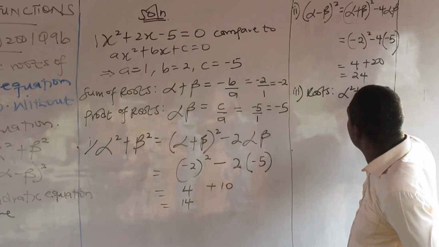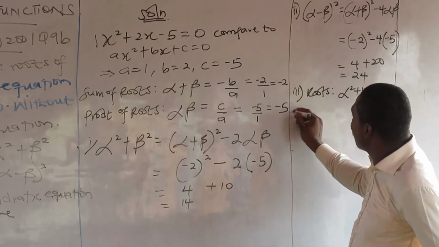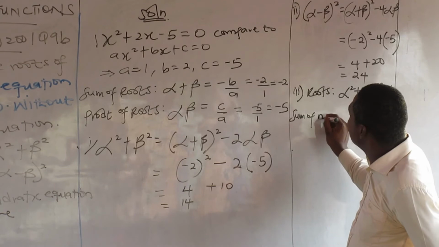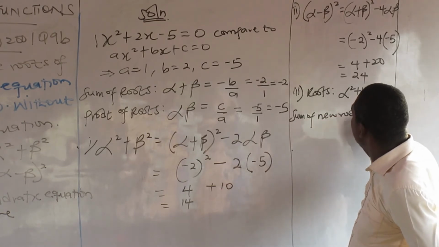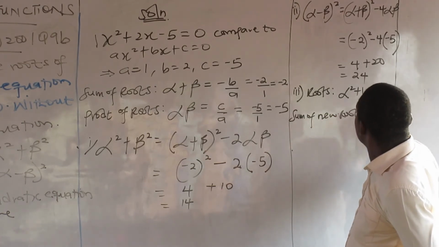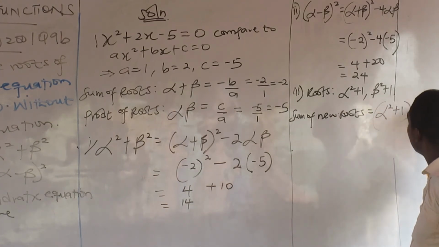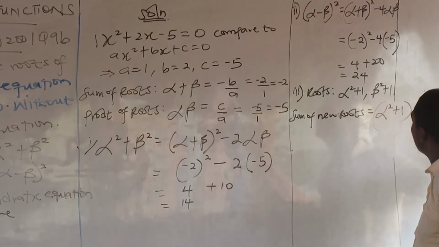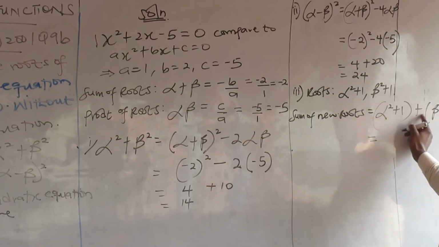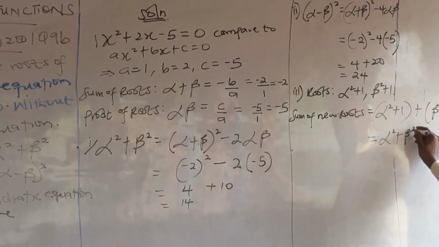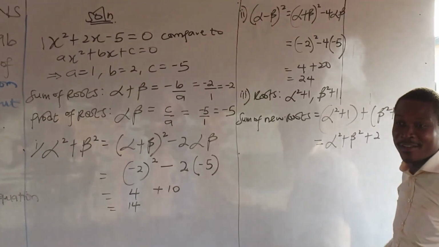So I have these roots: alpha squared plus 1, beta squared plus 1. So I have the sum of new roots. So let's go. I have alpha squared plus 1 plus beta squared plus 1. Do you agree? Yeah. So this and this is alpha squared plus beta squared plus 2. Agree?